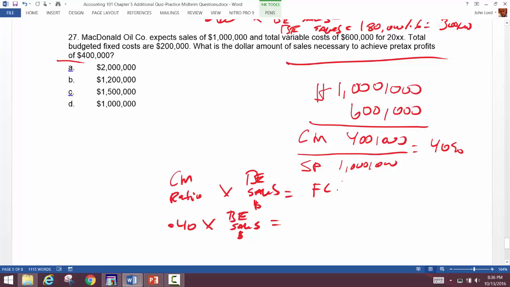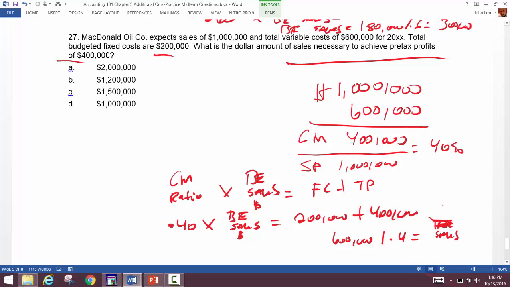What's my fixed cost? 200,000, right? And my target profit is what? 400,000. Even I can do that one in my head. That's going to be 600,000 divided by 0.4. Got to equal target profit sales dollars. So that comes out to what? 1,500,000.